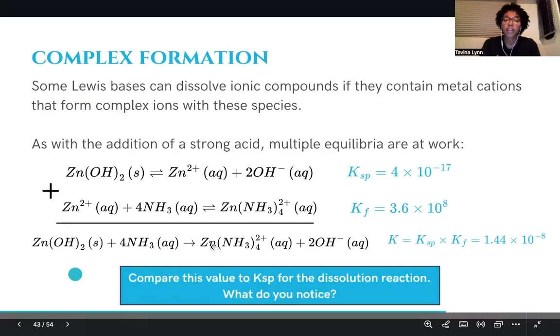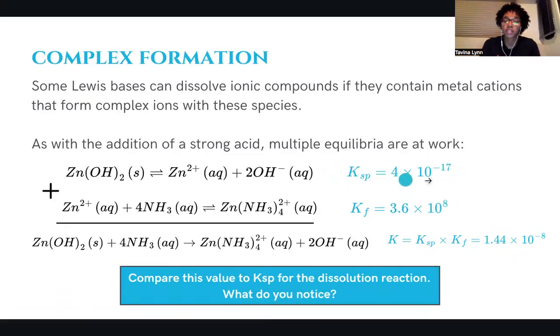Now, compare this value to the KSP for the dissolution reaction. What do you notice? So quantitatively, we notice that the value is much larger. We went from a magnitude of 10 to the minus 17 to 10 to the minus 8.